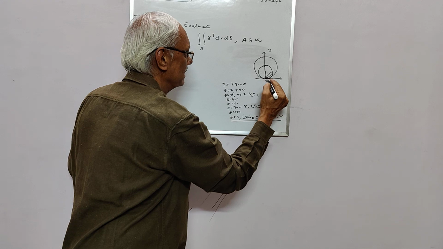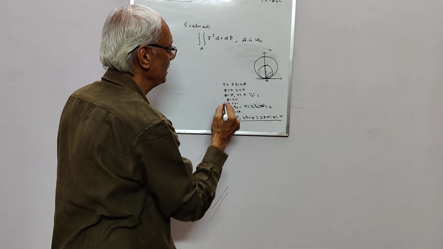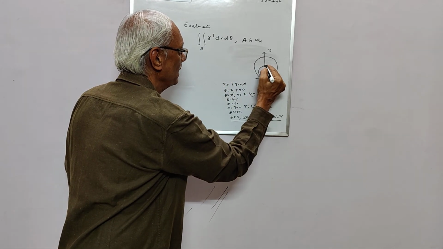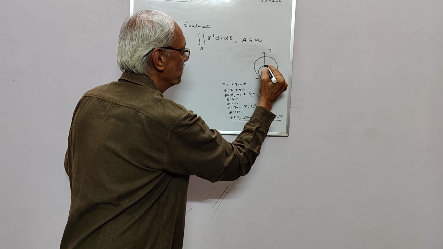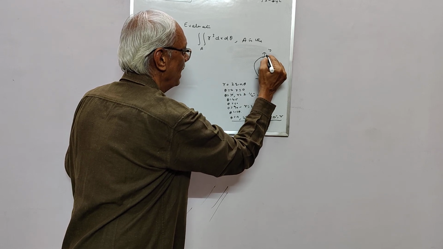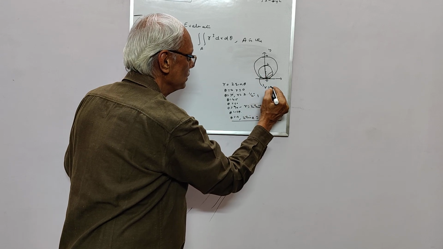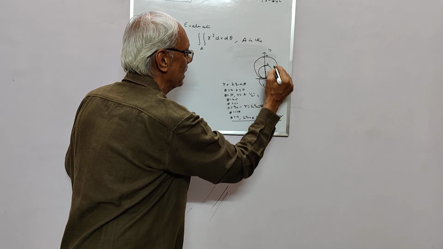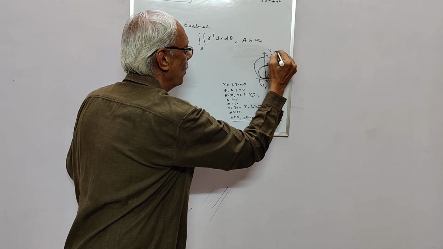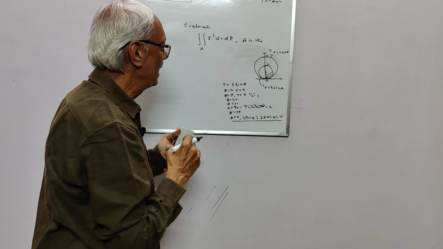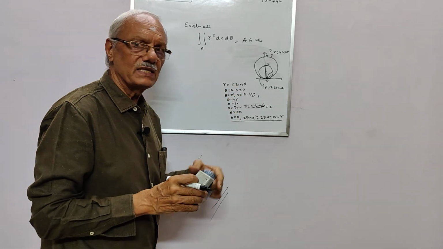So this is 90 degrees. When theta is equal to 90, you will get this point. This point is your 2 and this point is 4. That means this is r is equal to 2 sine theta, and this is r is equal to 4 sine theta.